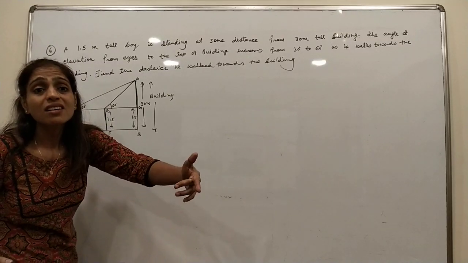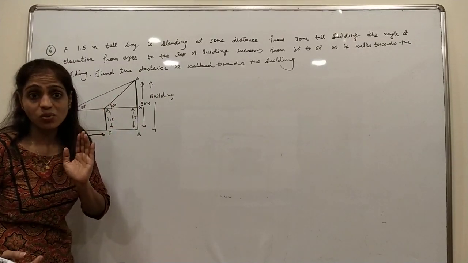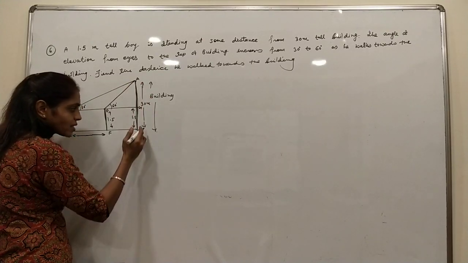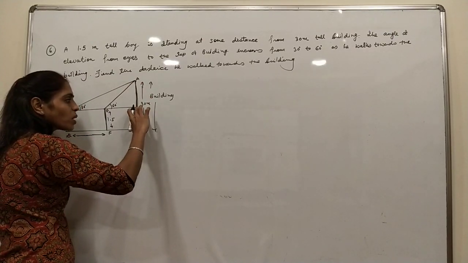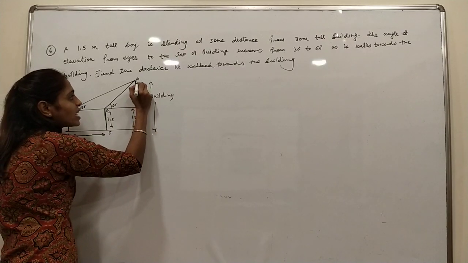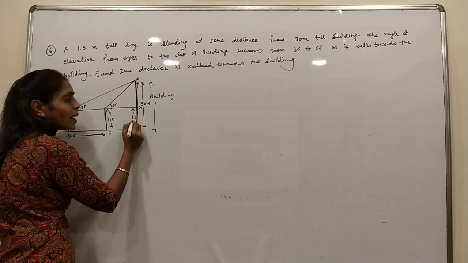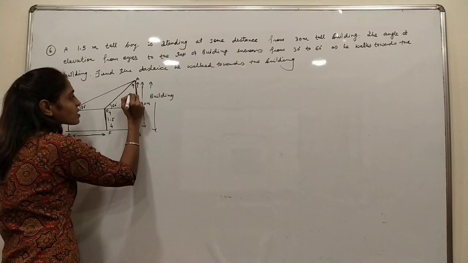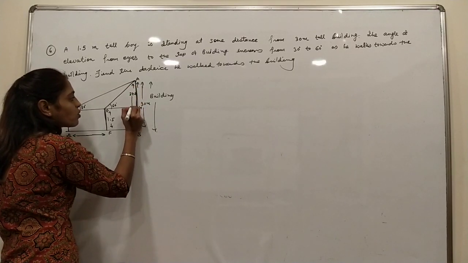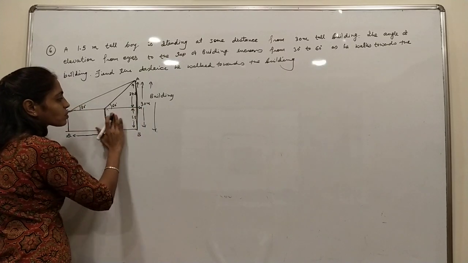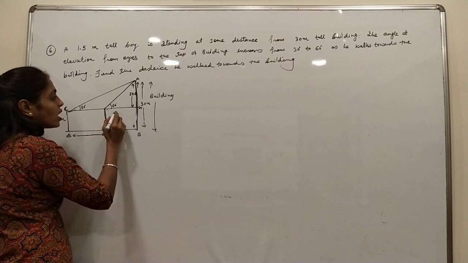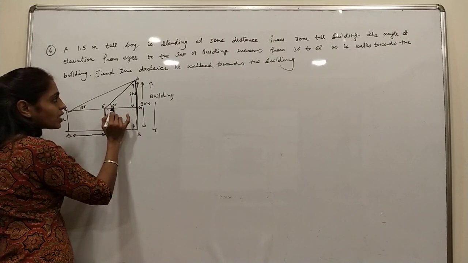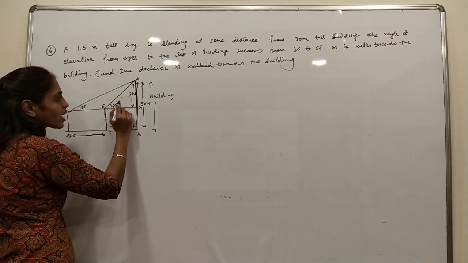Wherever the angle is, try to find the sides of the triangle. So AB is 30, this distance is 1.5, so AG is 30 minus 1.5, 28.5. Now in triangle AEG, the angle is given here.